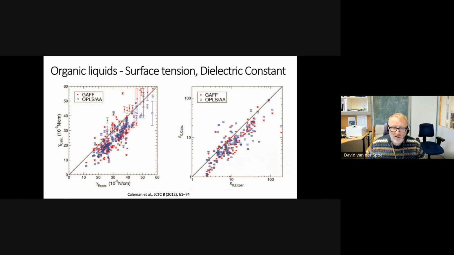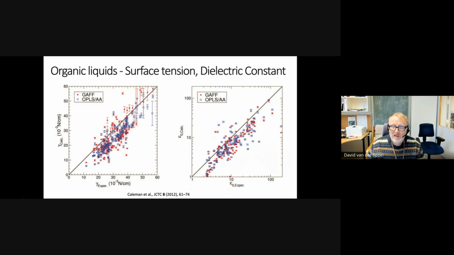Then here on the right side, we have the dielectric constant, experiment on the x-axis and calculation on the y-axis. You see also that these almost all are underestimated. And what's more, we have a logarithmic axis here, so these are underestimated a lot, actually.